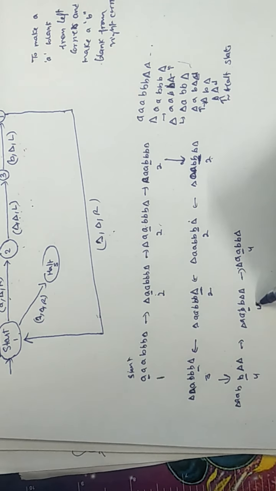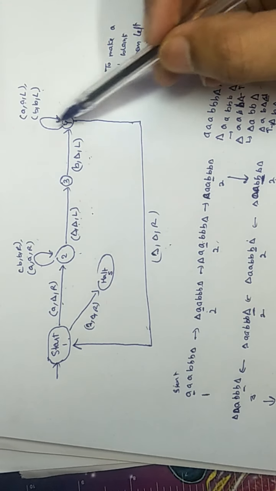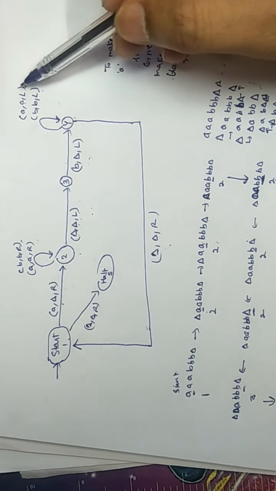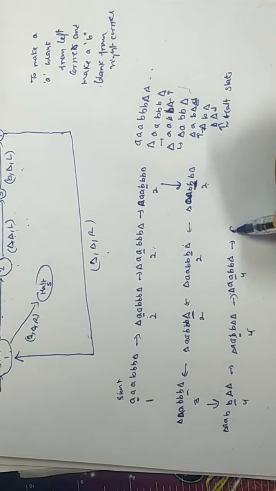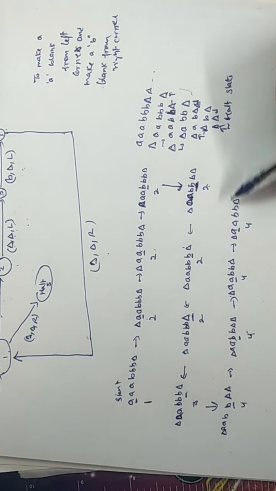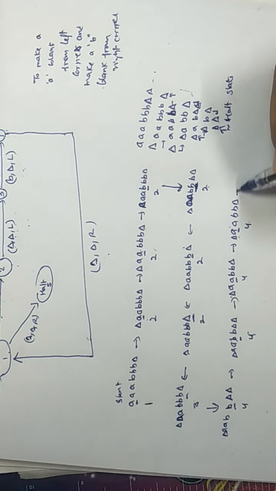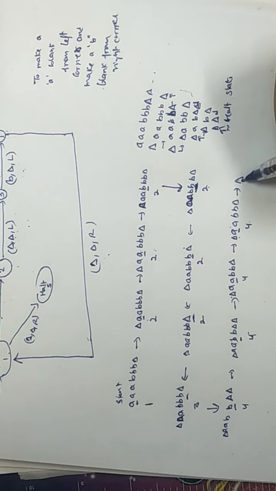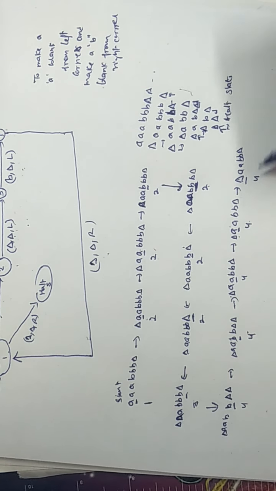We are at state 4 only due to this loop. Now we read A at state 4 and we remain at state 4 only, moving to the left. Now we read A at state 4 again, we remain at state 4 only and move to the left.